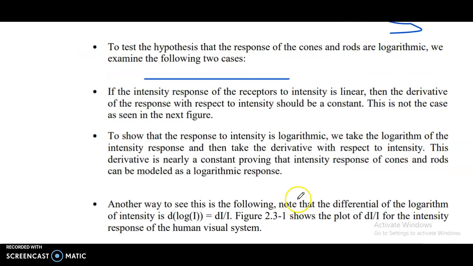If the response of the receptors to intensity is linear, then the derivative of the response with respect to intensity should be constant. This is not the case, as seen in the next figure.